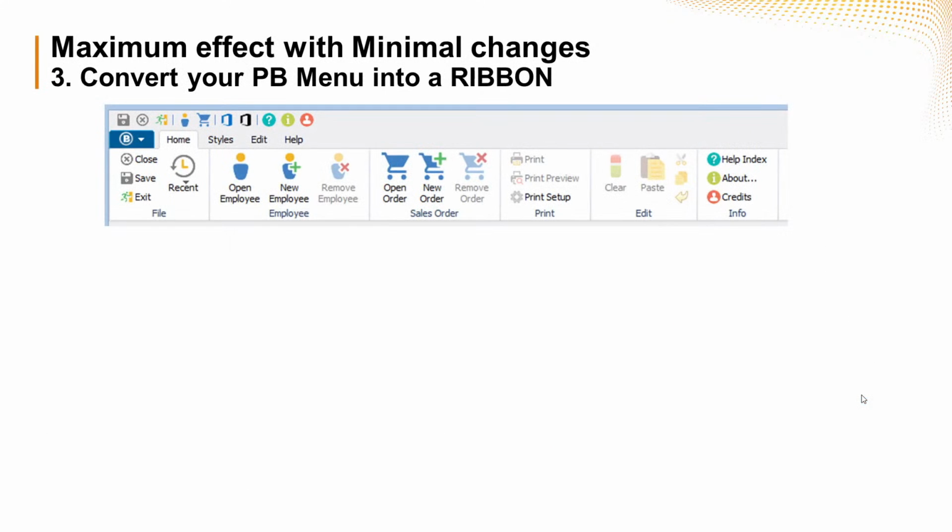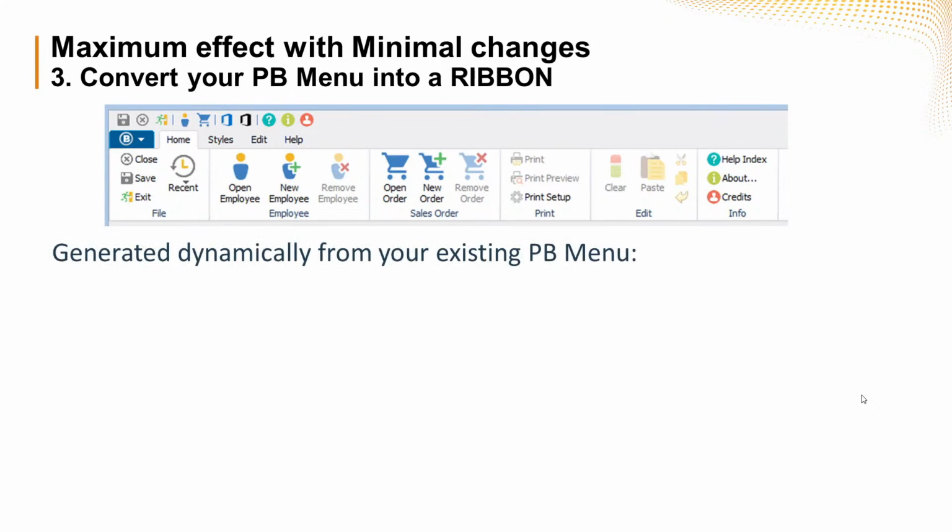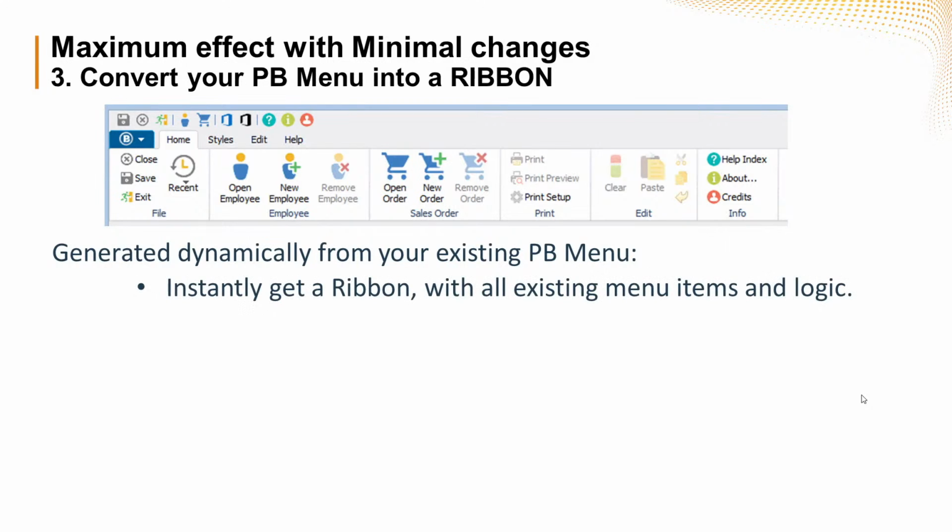Step three, we will show you how to convert your PowerBuilder menu, the traditional PB menu that you've been maintaining for a long time, automatically and dynamically into a ribbon. This ribbon is generated from the menu, which means that you immediately get this ribbon with all the existing menu items and all the existing PowerScript logic coded in the menu itself and the menu events.